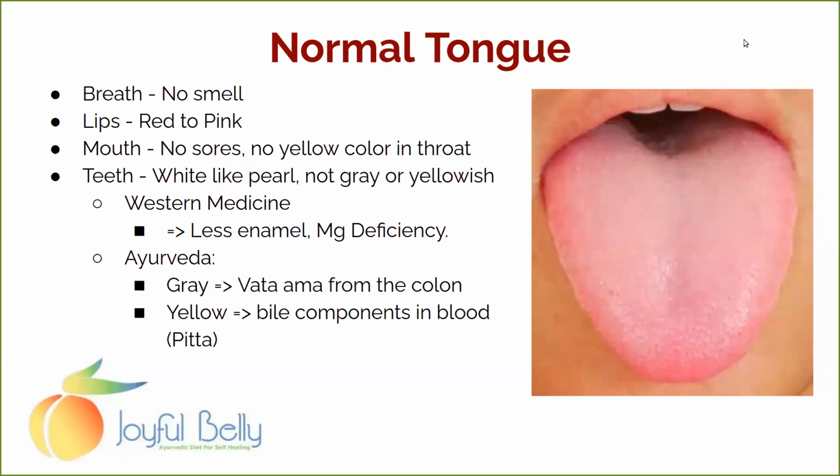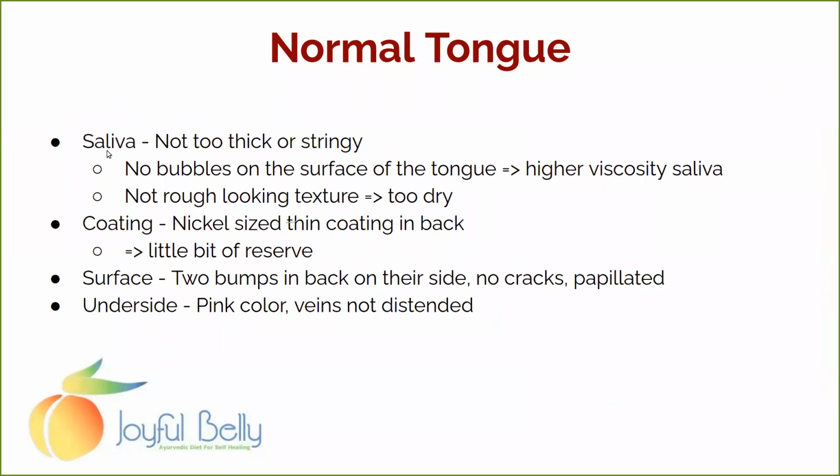But this is a picture of a pretty healthy tongue, a little pale. No one has a perfect tongue. There's a little bit of paleness here, but otherwise pretty good tongue. No cracks on the tongue, and generally a good healthy pink color. The saliva should not be too thick or stringy, and the tongue should not look too rough or too dry either. There should be no bubbles on the surface of the tongue.